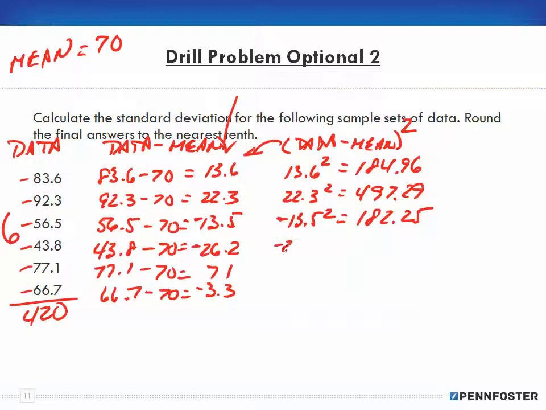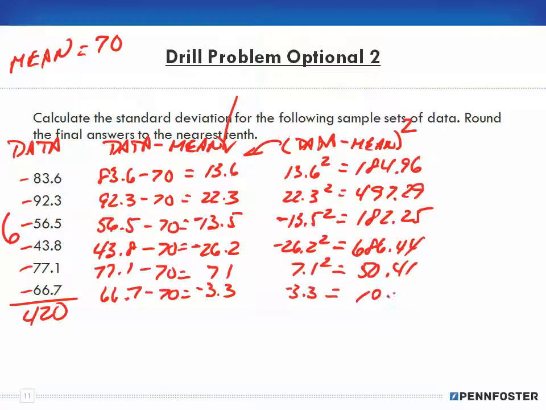So then I take a minus 26.2, square that, and that gives me 686.44. And then I take 7.1 squared, and that's 50.41. And then I take minus 3.3, and that's 10.89.